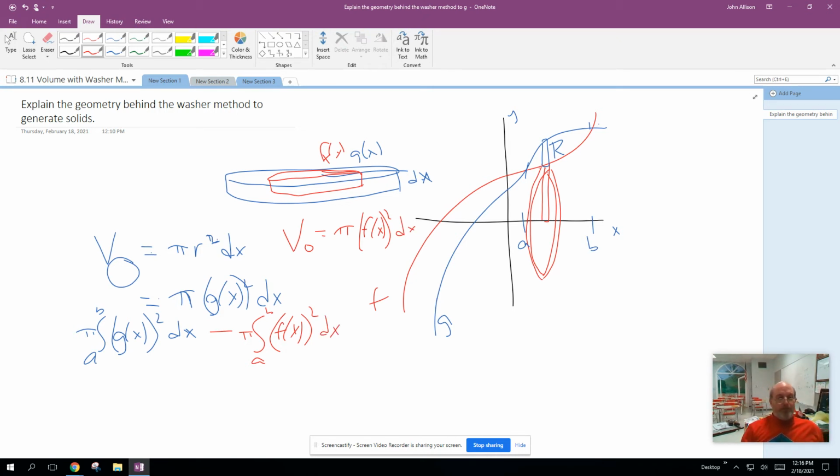And now, because of properties of integrals and a little bit of factoring, if we factor the pi out front, then that's the same as the integral from a to b of g of x squared dx minus the integral from a to b of f of x squared dx.